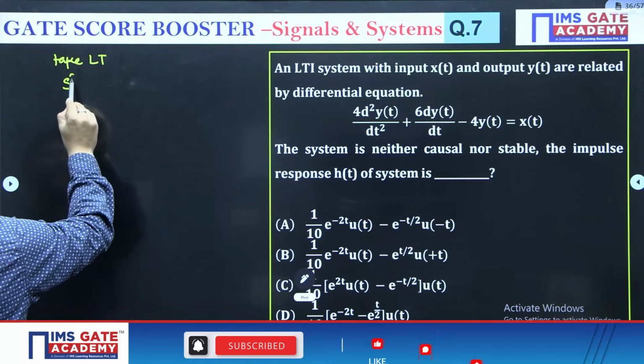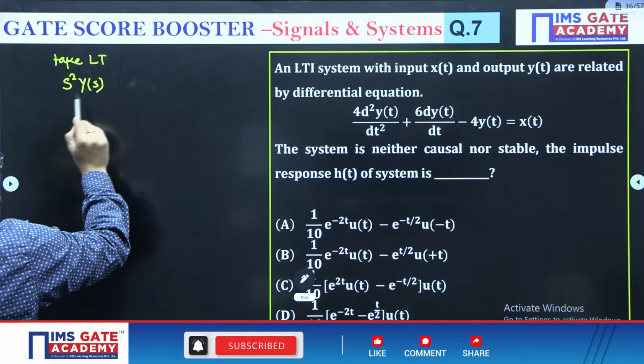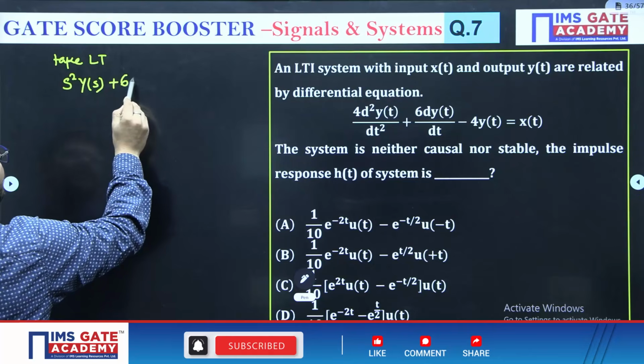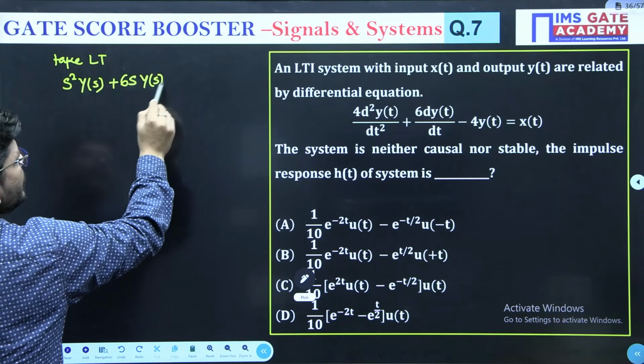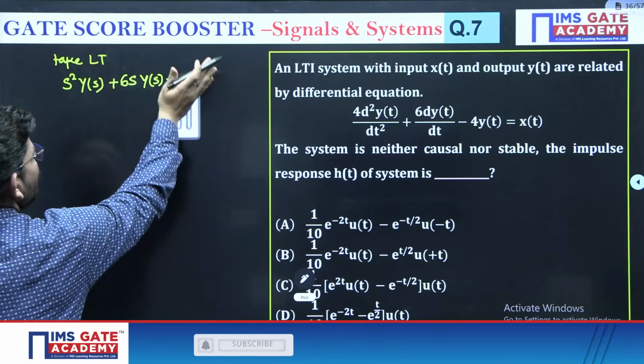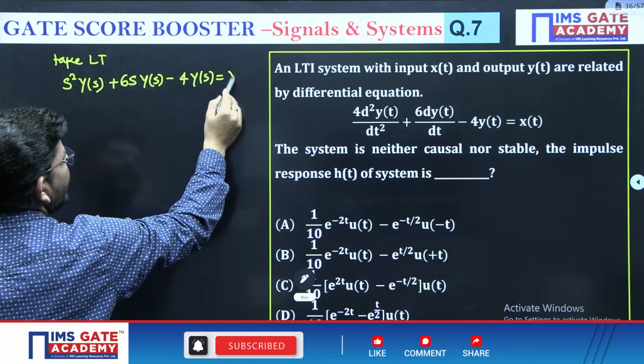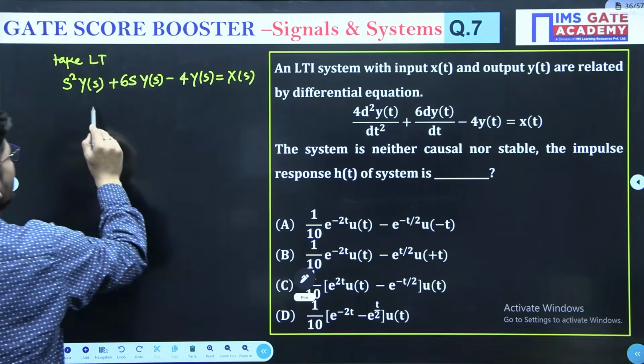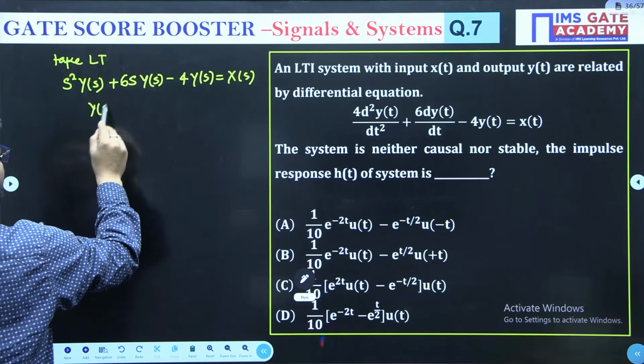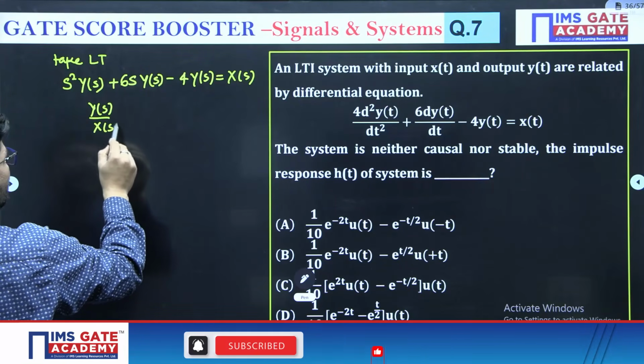After taking the Laplace transform, you will get s squared Y(s) plus 6s Y(s) minus 4Y(s) equal to X(s). Then get Y(s) upon X(s).